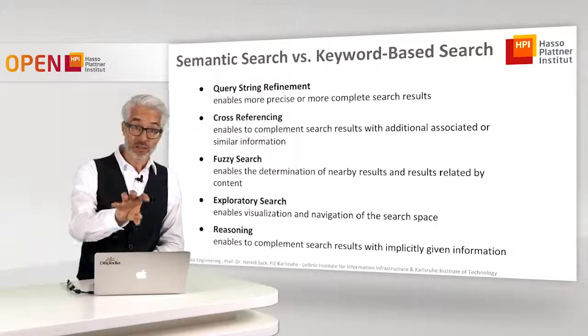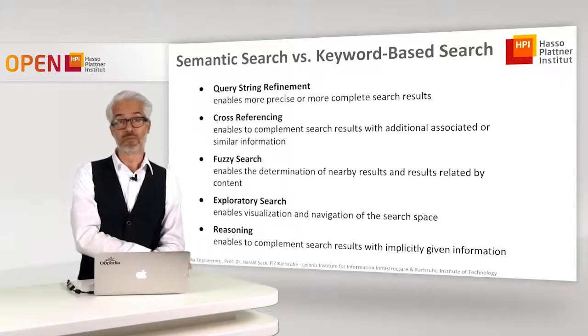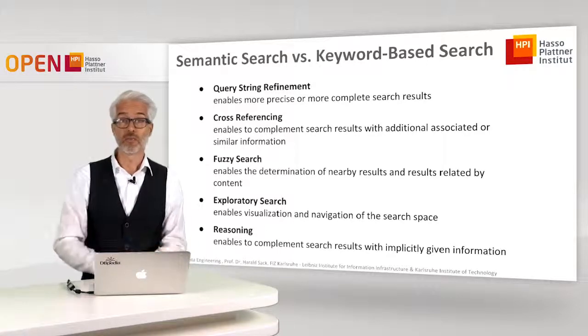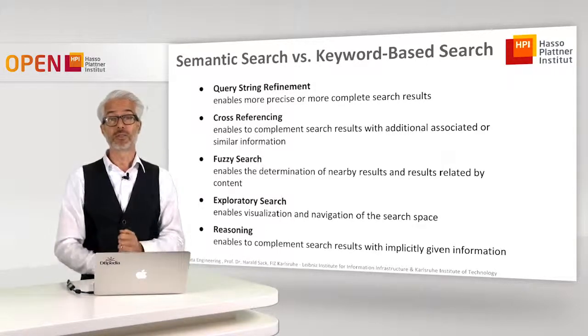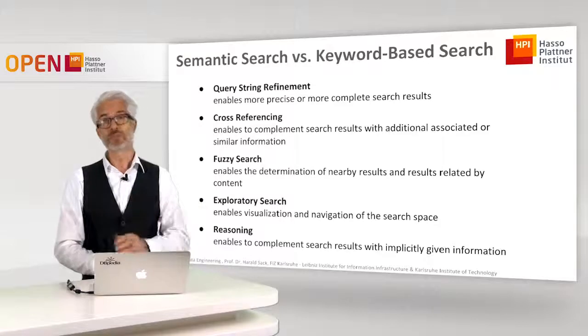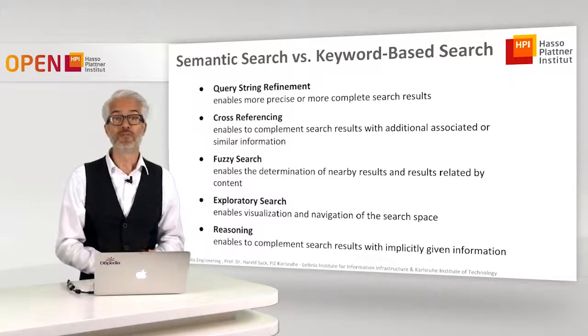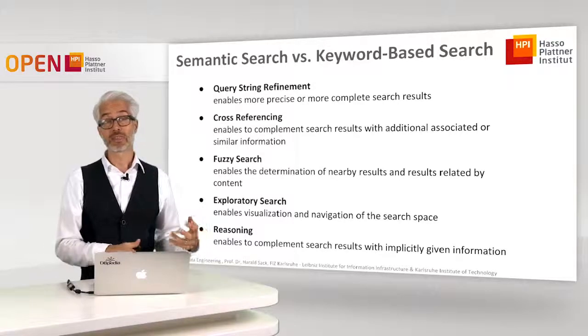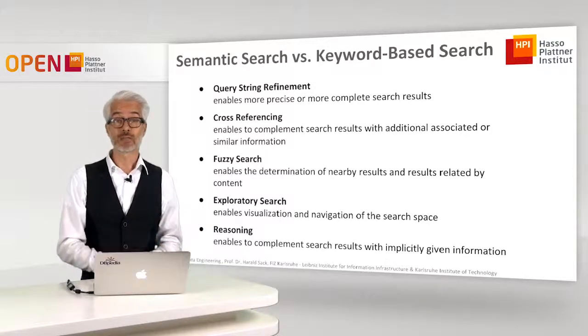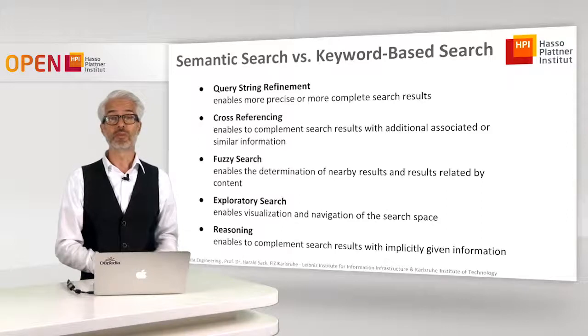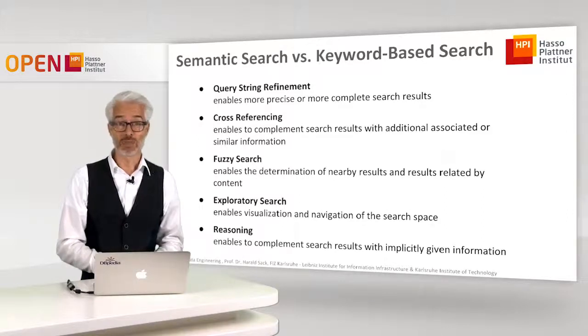If you compare semantic search versus the traditional keyword-based search, you have the possibility, for example, to improve keyword-based search in the following points, starting with query string refinement. So you can get, for example, suggestions on how to refine your query string to enable more precise or more complete search results.